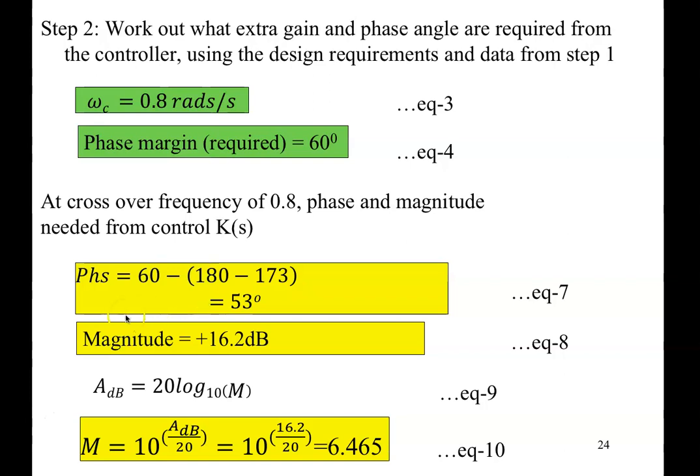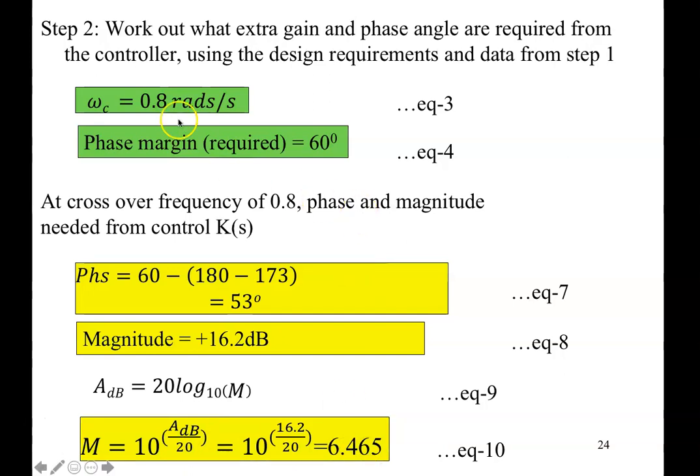So then you need 16.2 dB from the controller, but you need to work out the actual gain instead of the dB. Actual gain, use this formula. It's 10 to the power of dB value divided by 20. That will give 6.465. So that's your step 2.